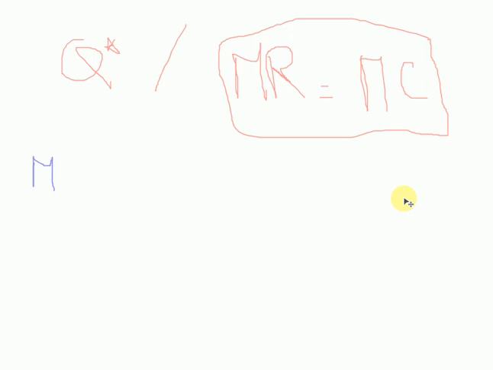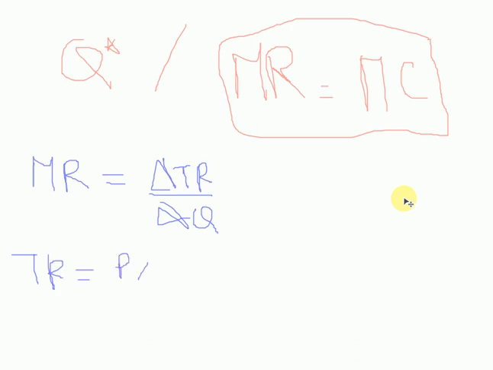Marginal revenue under perfect competition, exam questions, is equal, as we know, to the change in total revenue divided by the change in Q. We know that total revenue is equal to P times Q. So, change in total revenue: if you want to increase your revenue, you can do it by increasing your price, or by increasing your quantity, or by increasing your price and increasing your quantity.